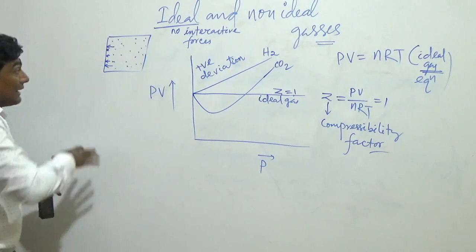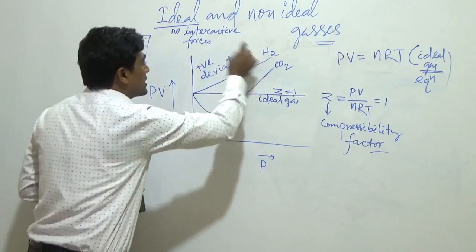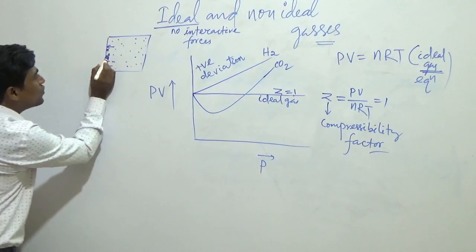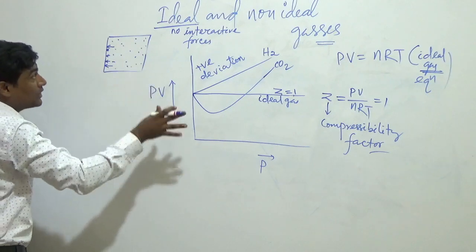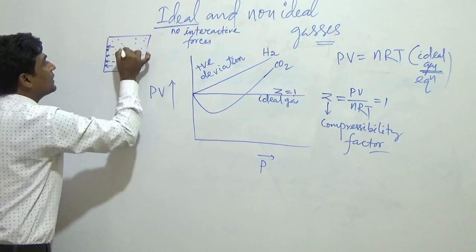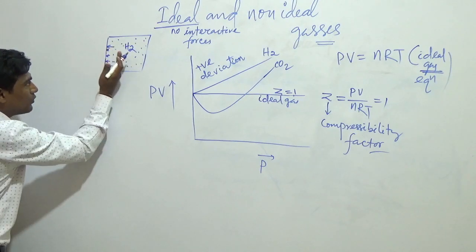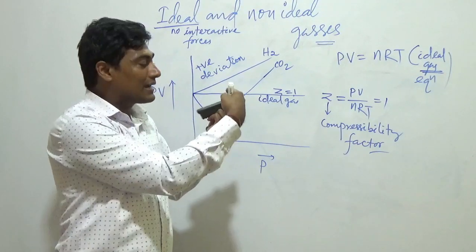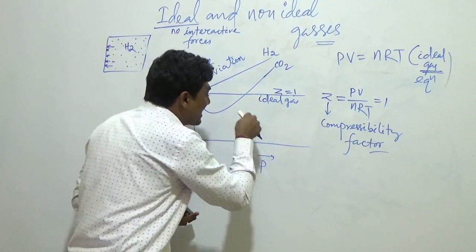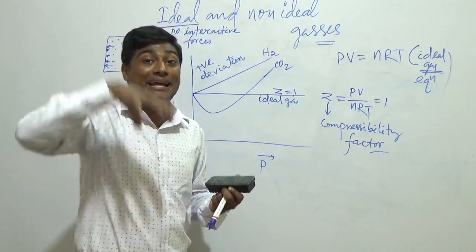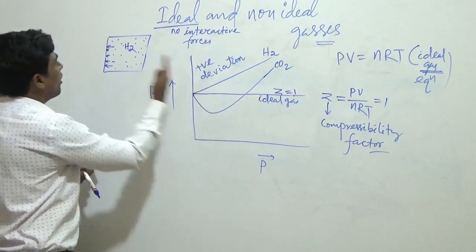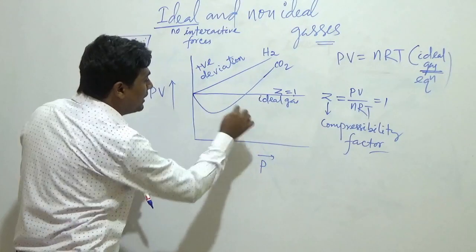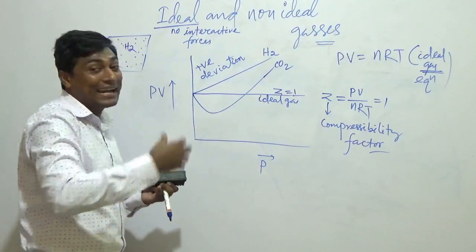But what happens in case of, say, hydrogen? Since we are saying in case of hydrogen there are repulsive forces, if we consider this box now contains hydrogen gas, when one molecule approaches the wall, the molecule behind it repels it, so that a molecule which is going to strike the wall will strike the wall with a greater force, because a molecule is coming behind it and will repel it.